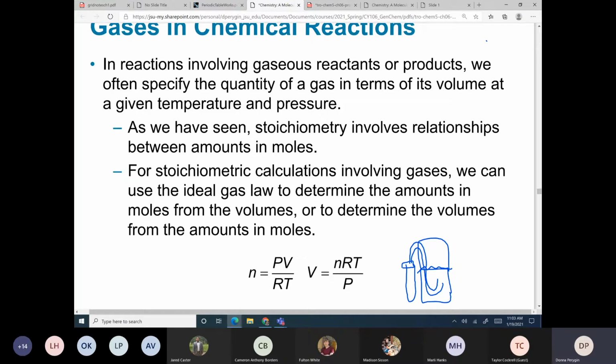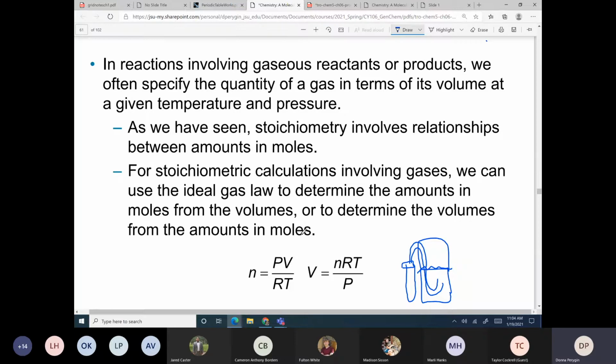So you can use that relationship in order to compare to the number of moles of substance that you started with. So we can do some stoichiometry with this in order to give us the amount of our, say, starting material, or the amount of what fully reacted in a reaction.